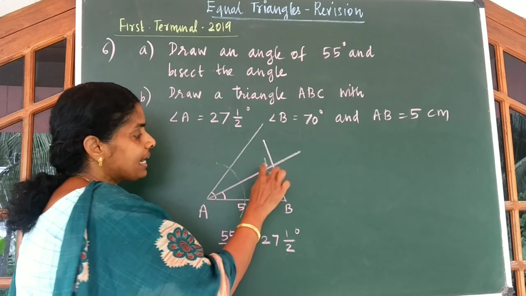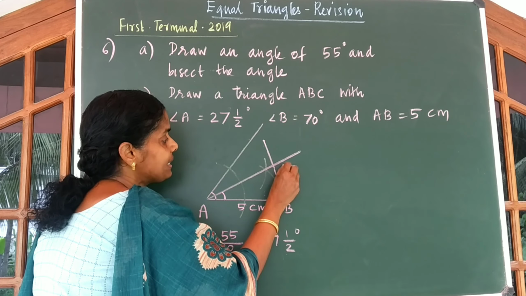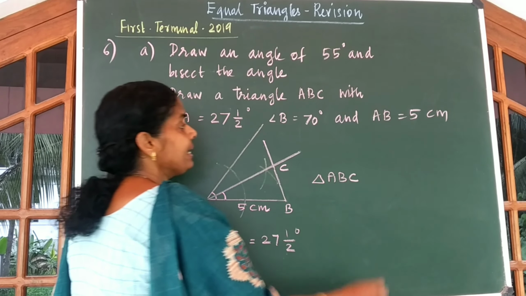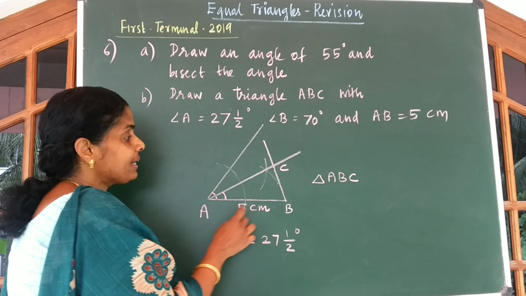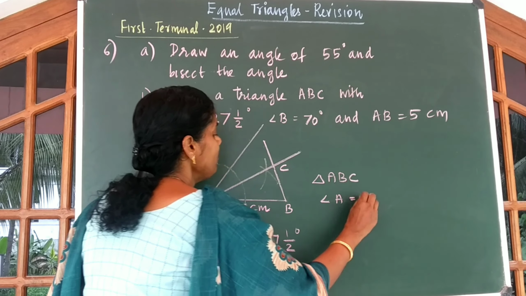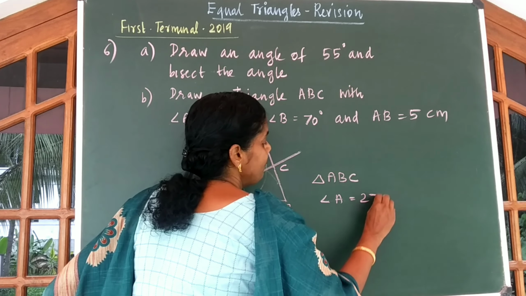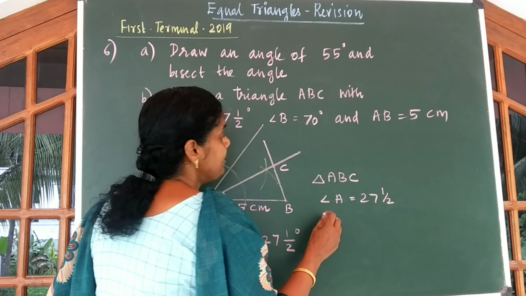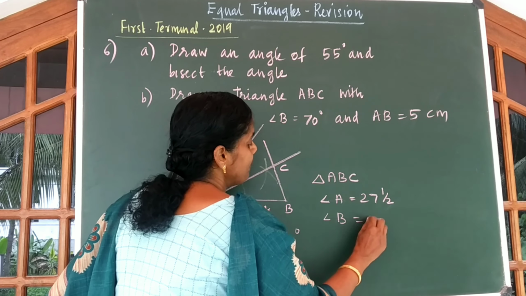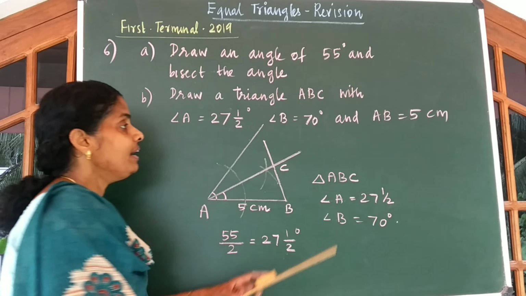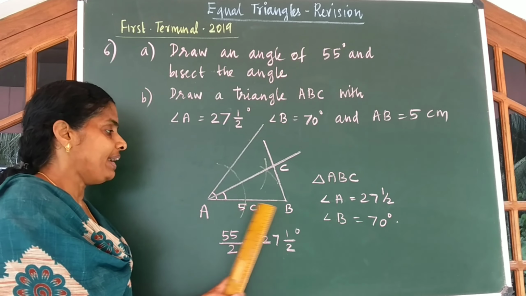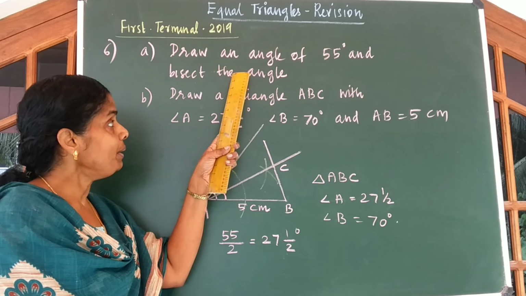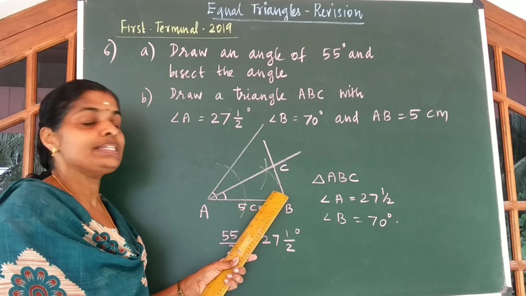The line cuts the previous line at the point C. In triangle ABC, angle A is equal to 27.5 degree and we took angle B to be equal to 70 degree and AB is equal to 5 centimeter. I have drawn both figures in the same diagram.